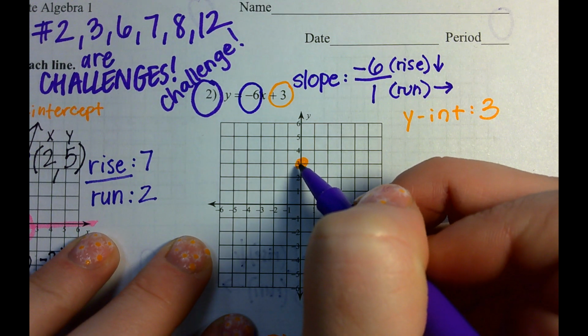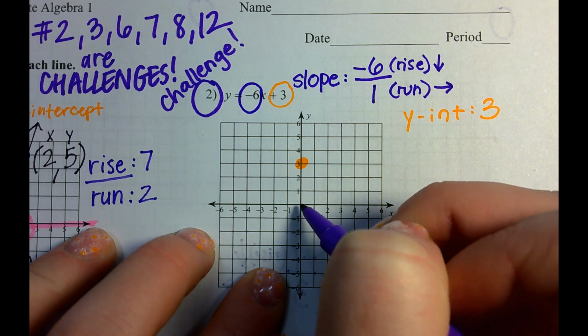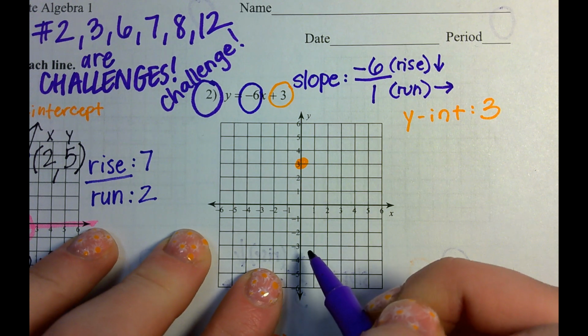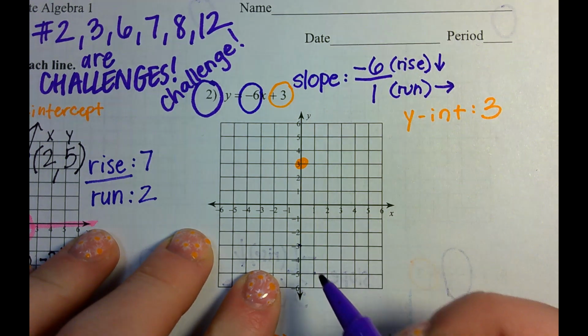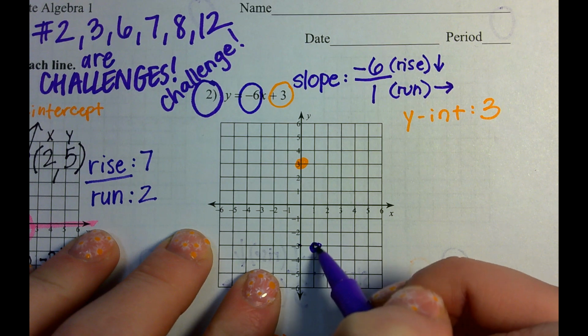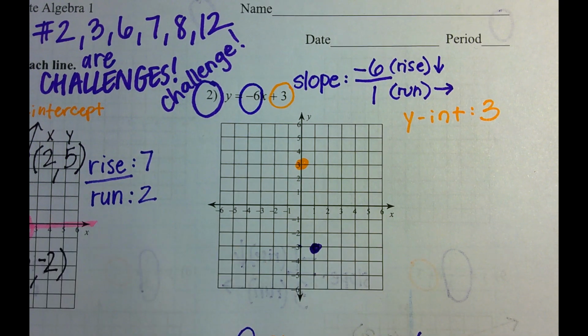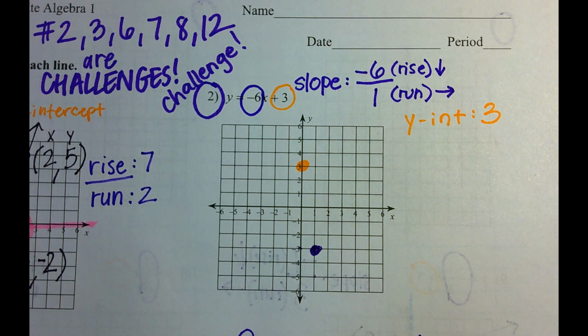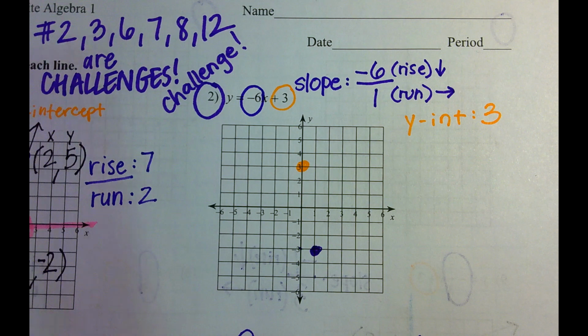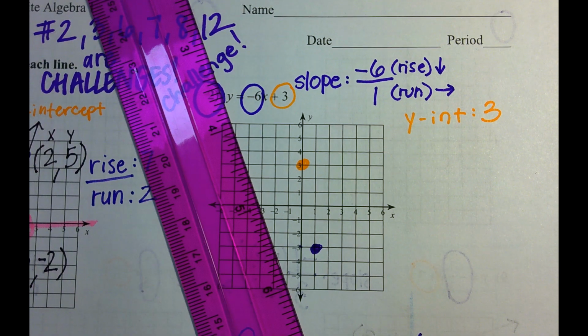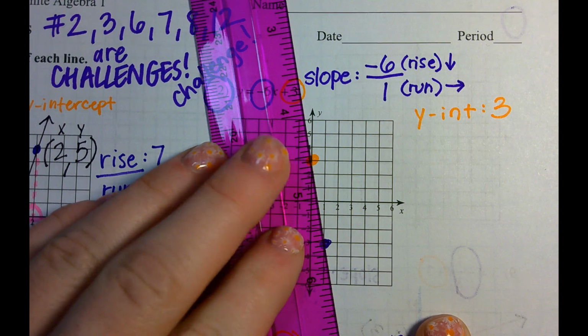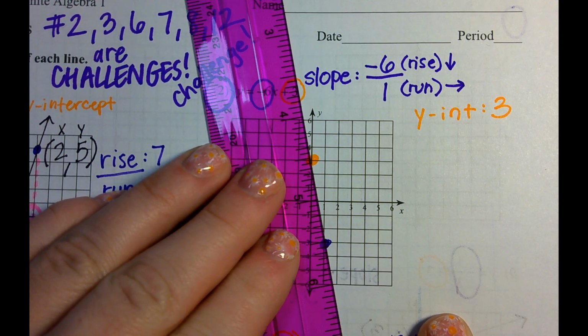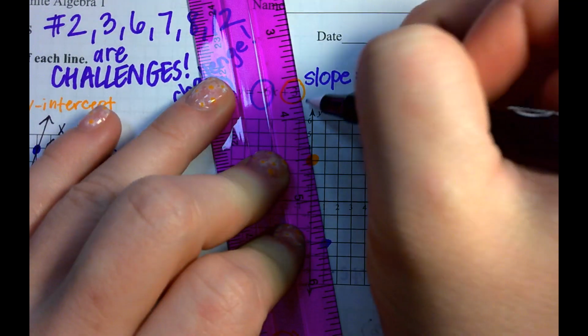So I'll end up at 1, 2, 3, 4, 5, 6, negative 3, and over 1. Right there. You just move it over 1. And you'll notice after we connect the dots, we have a negative slope. So our line should be going down, and it is. It's a line facing downhill.